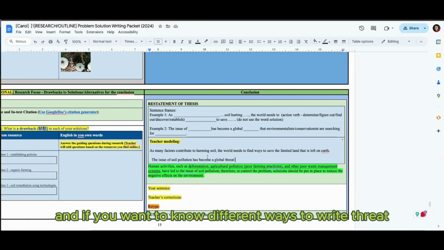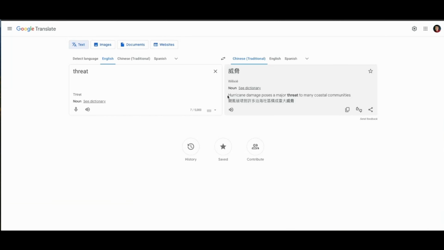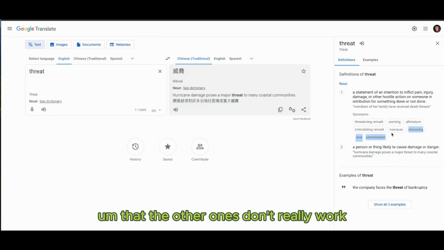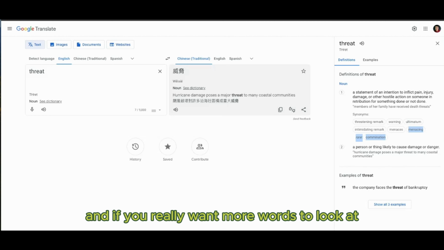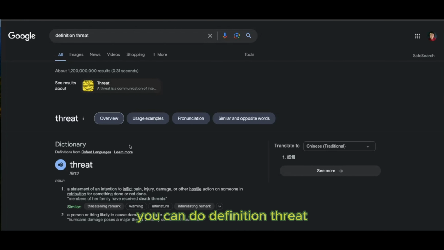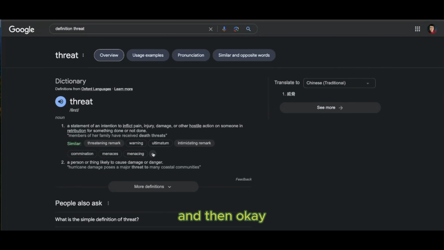And if you want to know different ways to write threat, you can always click on dictionary here, and you can see menace. Menace is another word you can use. The other ones don't really work. And if you really want more words to look at, you can do definition threat, and then okay.